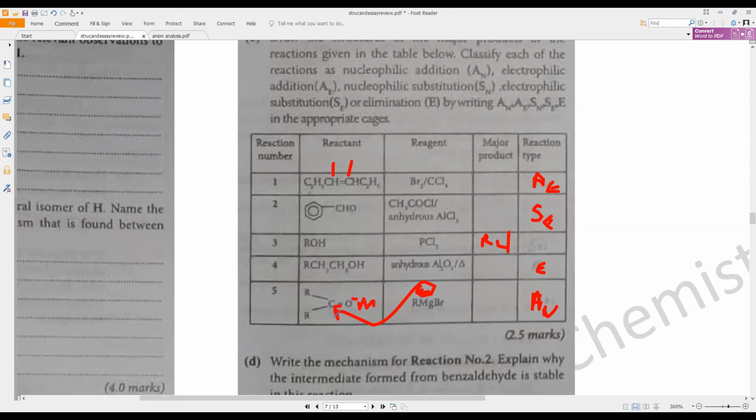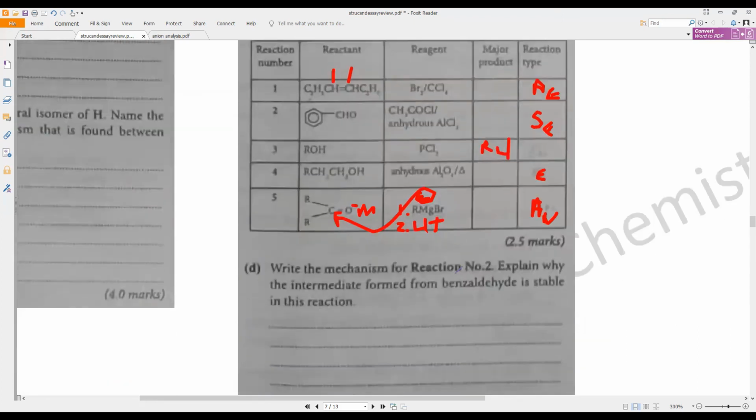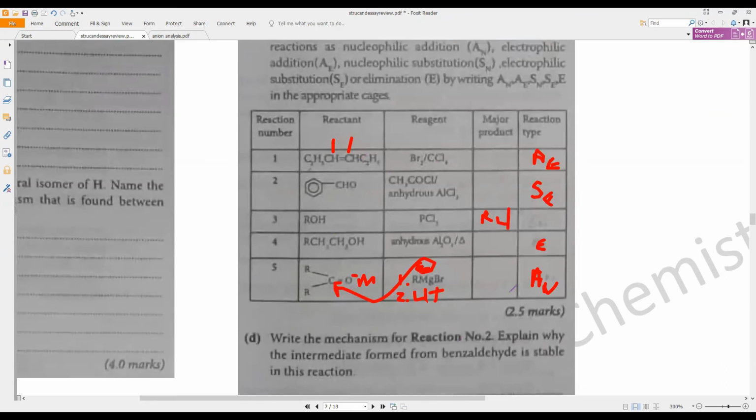You cannot draw the alcohol here because to get the alcohol you need another step. This is just the first step. In the second step, if you add H+ and H2O, the formation of the alcohol happens. Okay, so this is very straightforward.